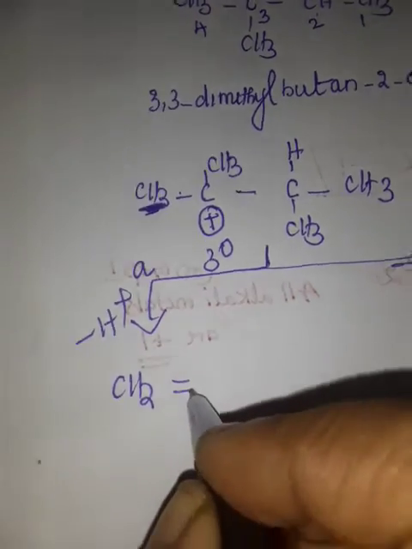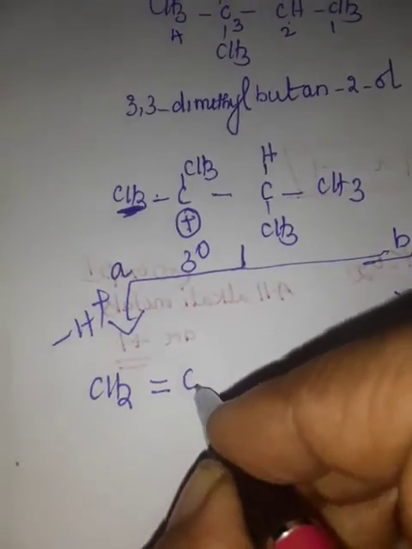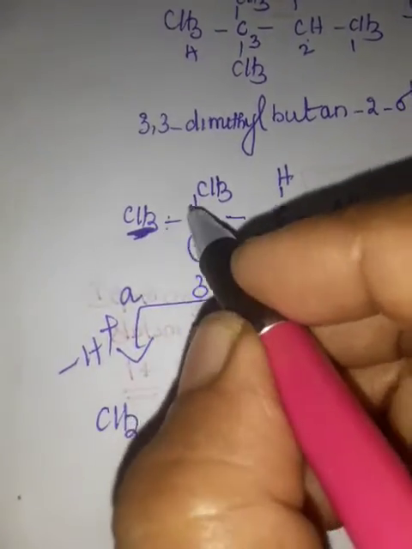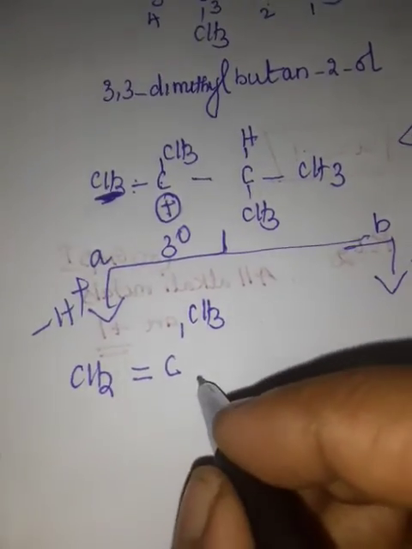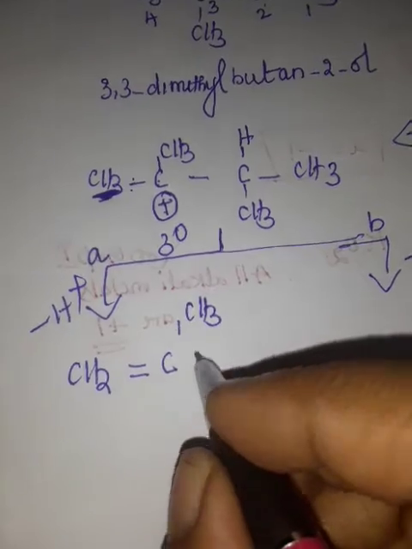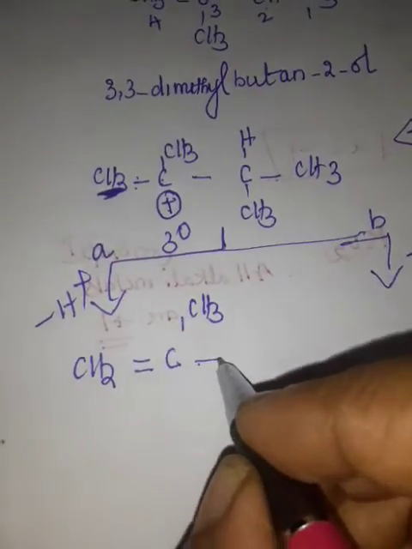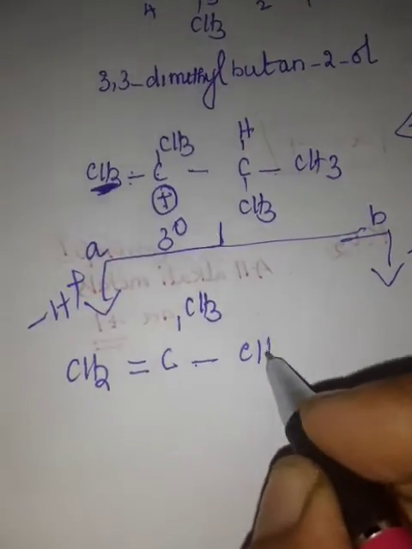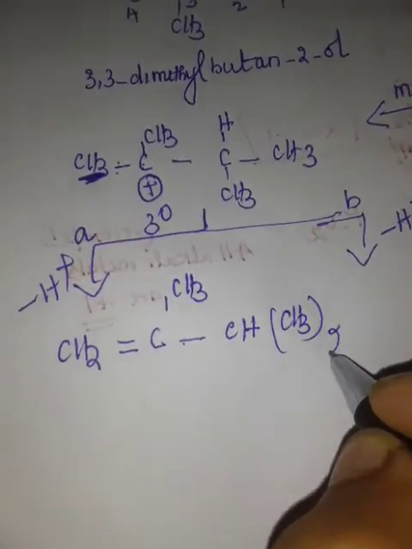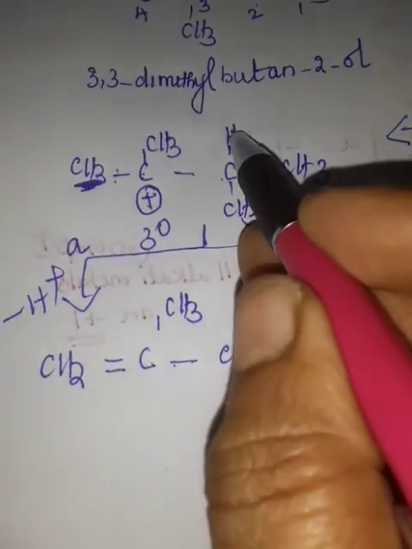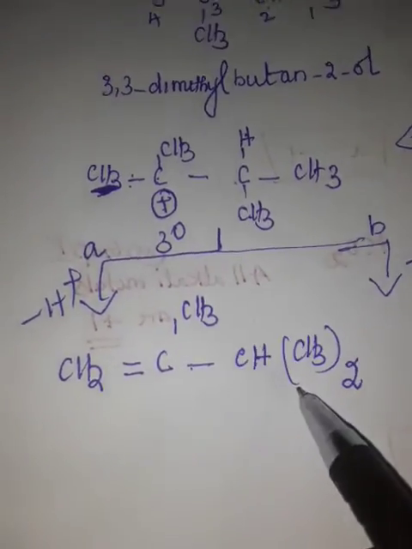CH2 double bond C, CH3, then CH, CH3 twice.